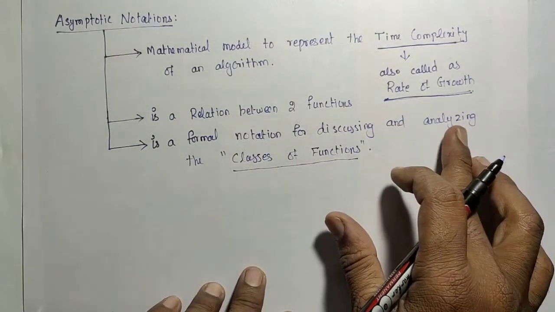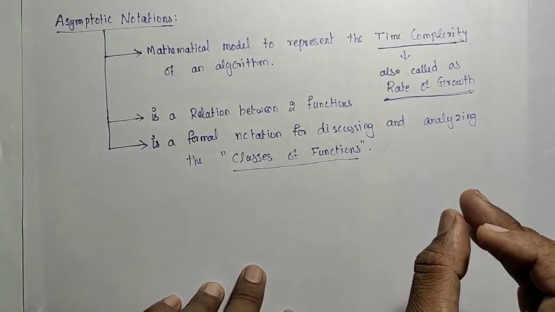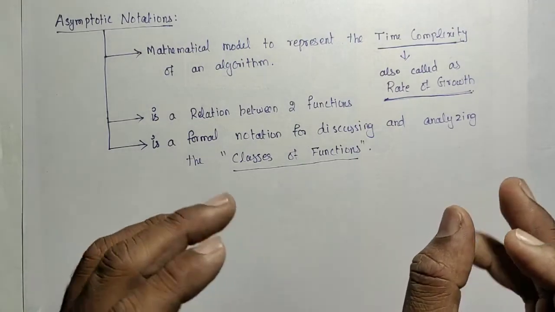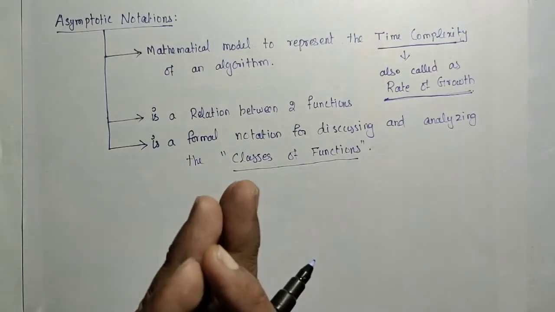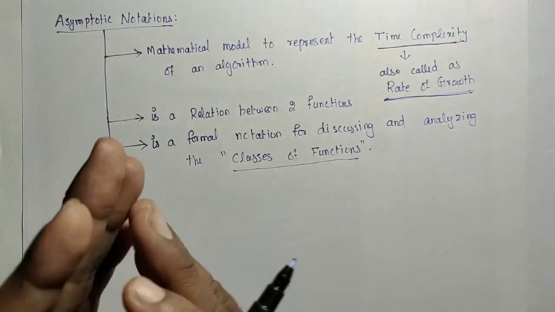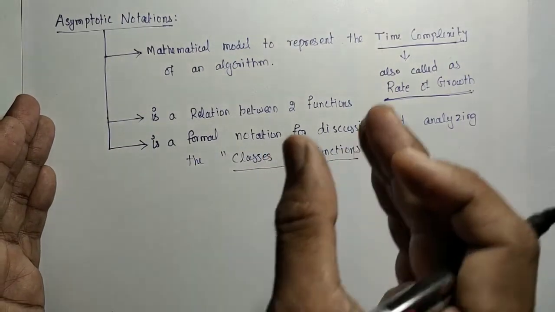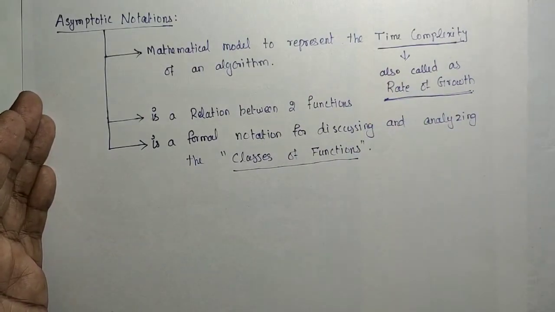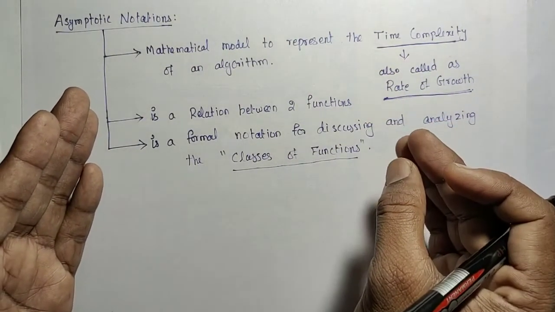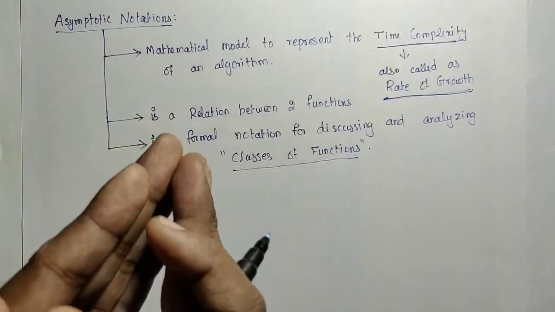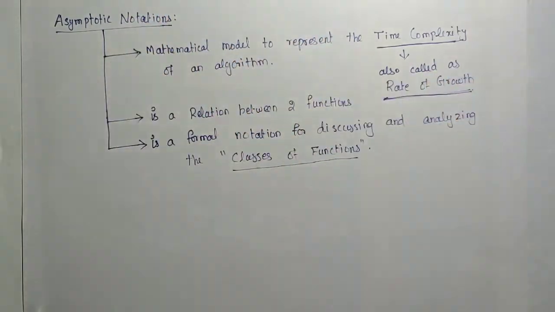What is the rate of growth? The execution time of an algorithm basically depends on the size of the input. For example, searching for a particular number from 100 numbers, or from 1000 numbers, what is the time needed? The execution time for searching a number from 100 numbers, from 1000 numbers, from 10,000 numbers, like that we have to find.